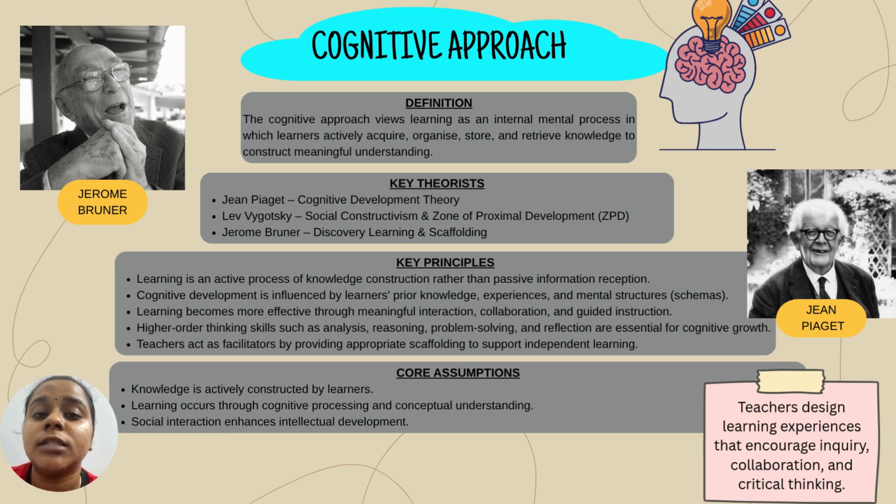The third theorist is Jerome Bruner, who introduced discovery learning and the concept of scaffolding. According to Bruner, students learn best when they actively discover concepts with support from the teacher, who gradually reduces assistance as learners become more independent.